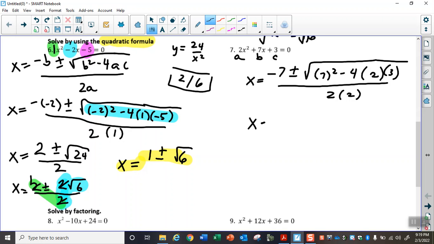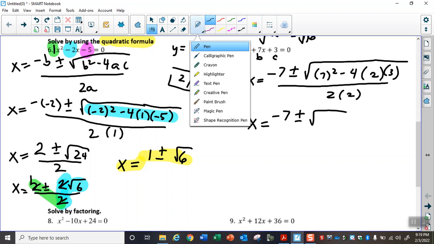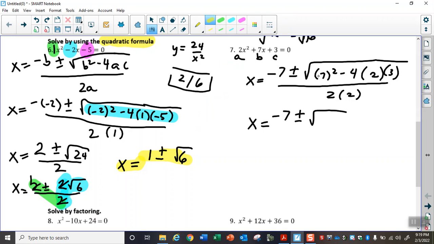All right, so then I've got x equals minus 7 plus or minus the square root, and then I'm going to put this into Desmos. Type that whole thing in there. And then I've got, let's see, 49 minus, is that 31?